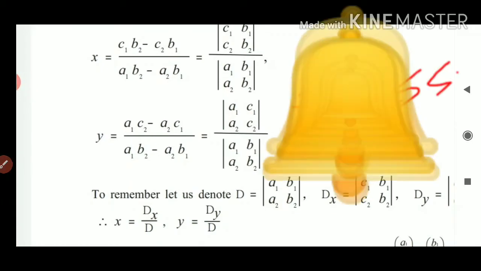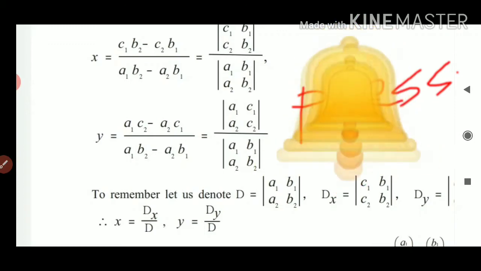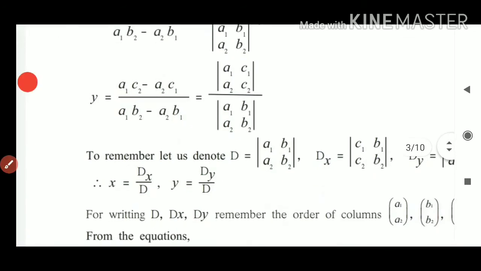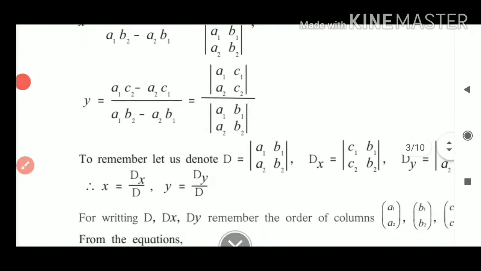Now the value of y is also written in terms of determinant. The numerator is the determinant A1 A2 C1 C2 and the denominator A1 B1 A2 B2.